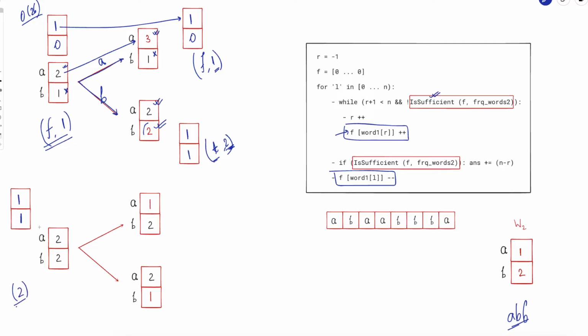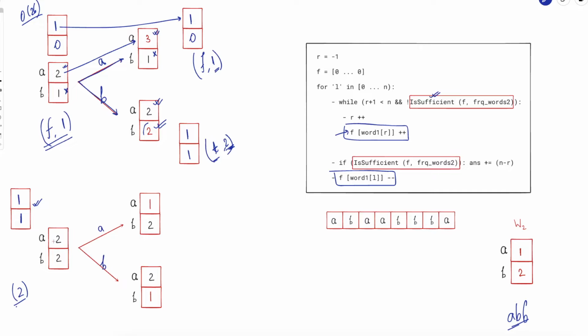Now notice that I am writing all these things here, but in theory you will have all of these computed beforehand while you were iterating over the previous characters. So at this state you have this particular is valid array, which basically says that for every character of a and b that you want, you already have it. Now you can either remove an a or you can remove a b.